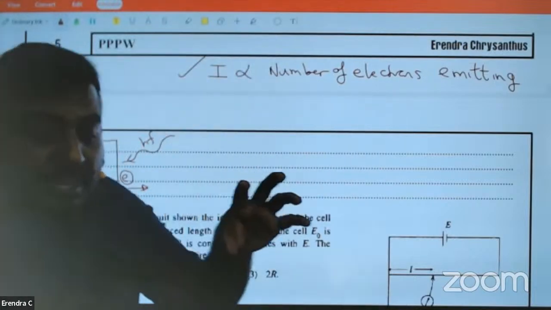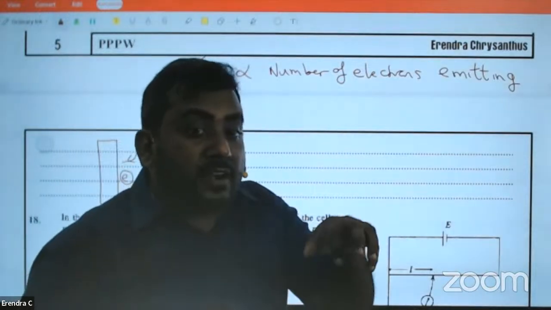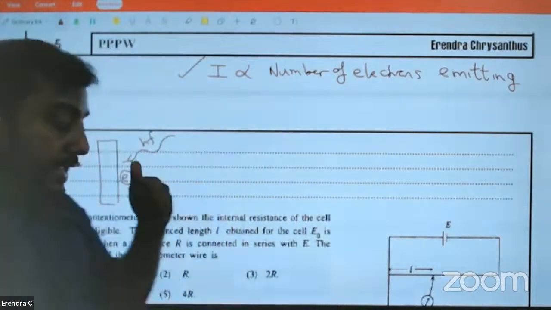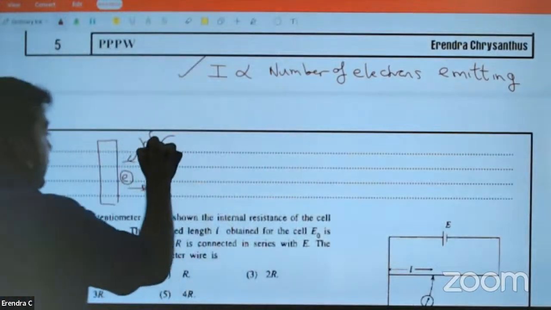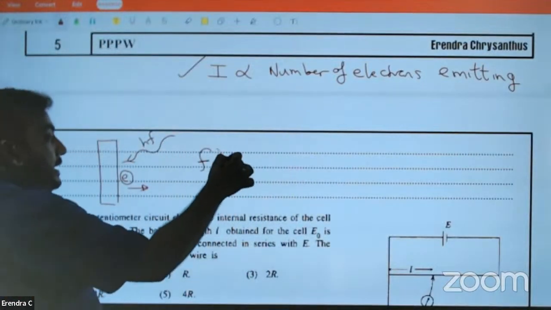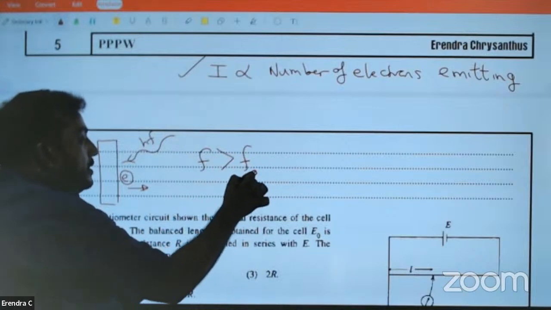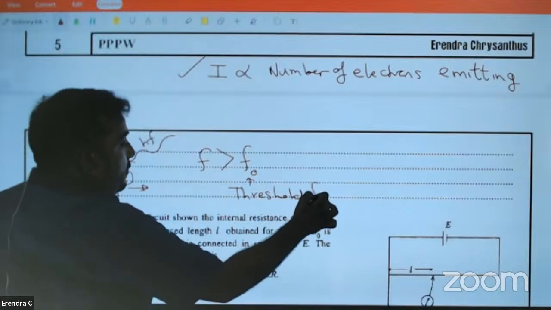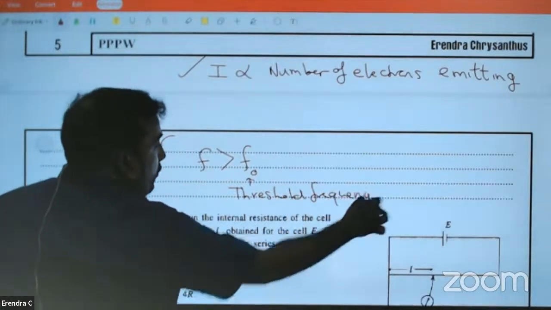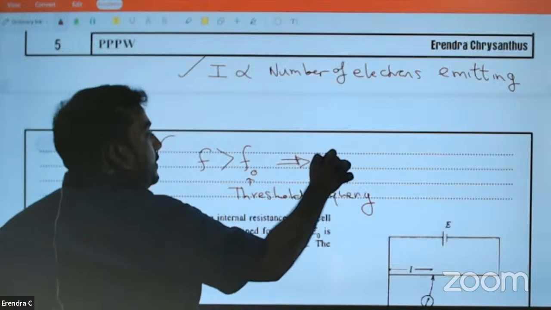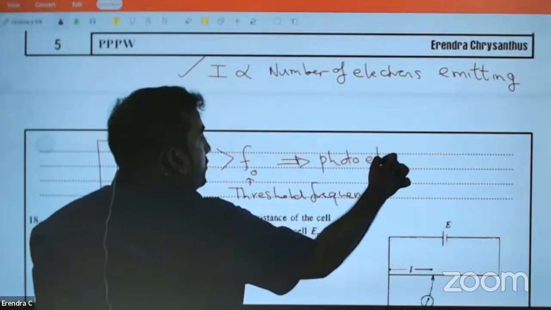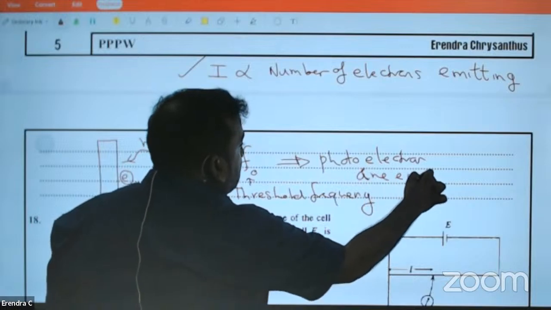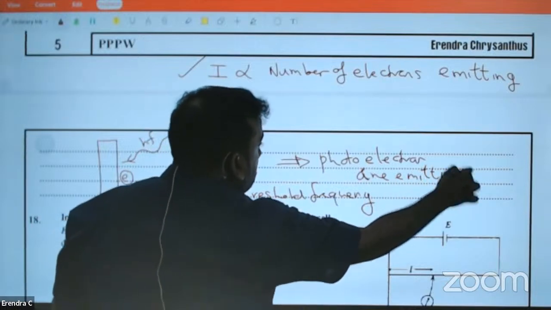But remember this very carefully: it doesn't happen for all frequencies. Only if the incident frequency is greater than something called the threshold frequency, photoelectrons are emitted. Otherwise, no emission takes place.